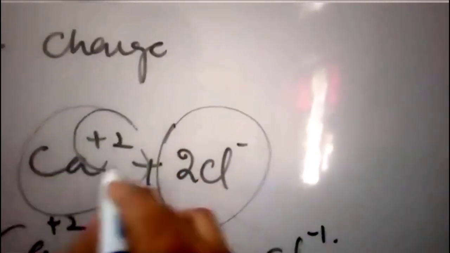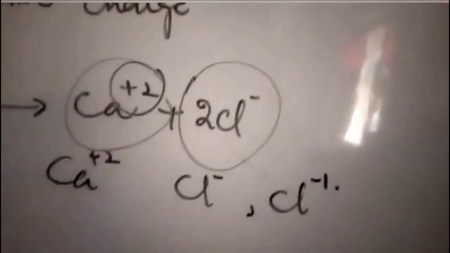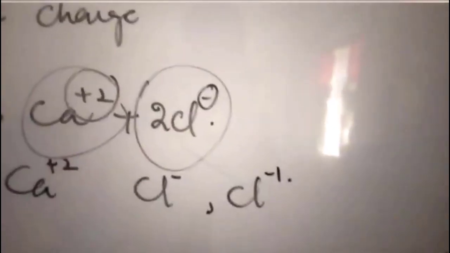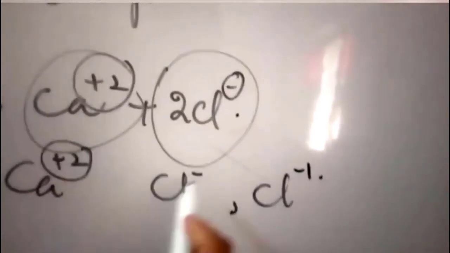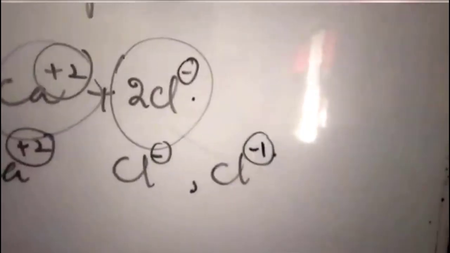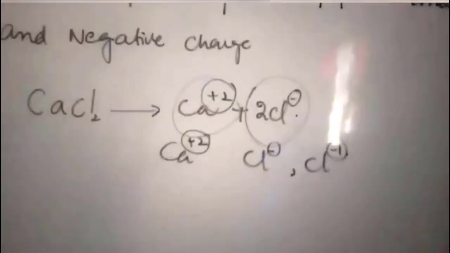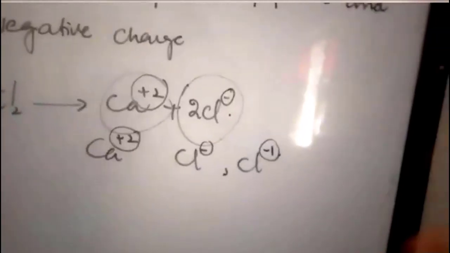Okay, calcium has plus 2 charge. One chlorine has 1 charge and the other chlorine has the other charge. Calcium has 2 plus, chlorine has 1 and 1. Total number of charges, how many? 2. So they cancel out each other. No doubt they don't have an equal number of positive and negative ions, but they have equal positive and negative charges.